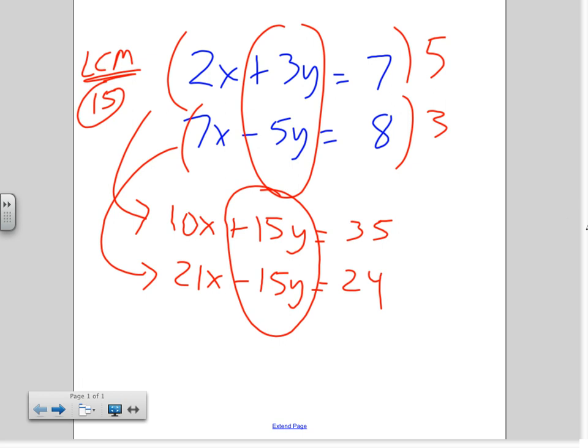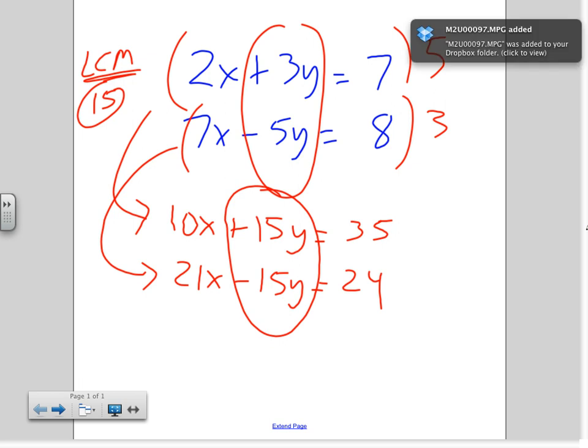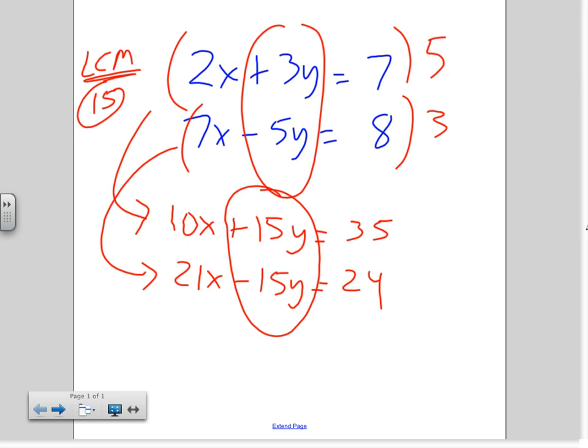Okay, see? Notice that you are so used to subtracting and you think that every single case will involve subtraction. But think about this. If you were to subtract the column, 15y minus negative 15y, will you get rid of the y? So let's write it out. 15y minus negative 15y. Will you get rid of it? You see that? So you got to be careful when you choose your operation.